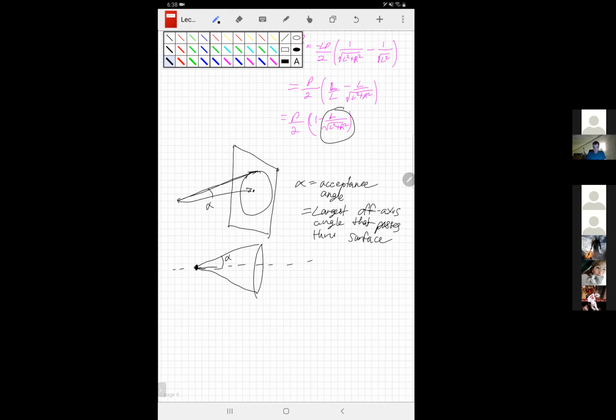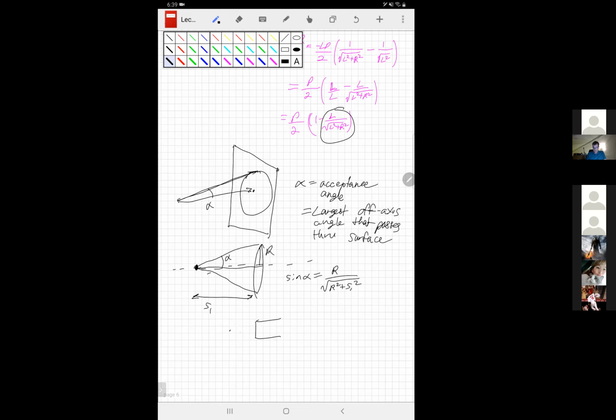Then sine alpha would be equal to, if this is S1, and this is the outer radius of the lens, sine alpha would be R over the square root of R squared plus S1 squared. Fiber optic cables have acceptance angles.